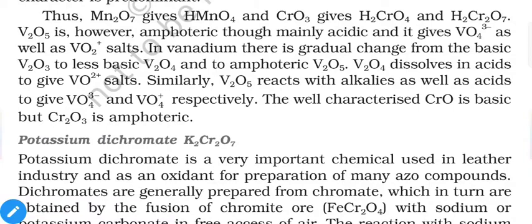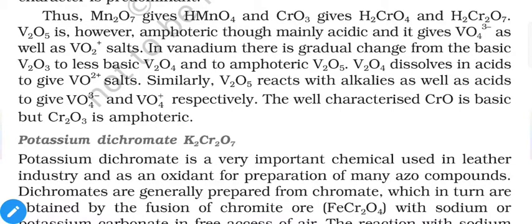V2O5 is, however, amphoteric though mainly acidic, and it gives VO4^3- as well as VO2+ salts. In vanadium, there is a gradual change from the basic V2O3 to the less basic V2O4 to the amphoteric V2O5. Amphoteric means it can exhibit acidic as well as basic nature.